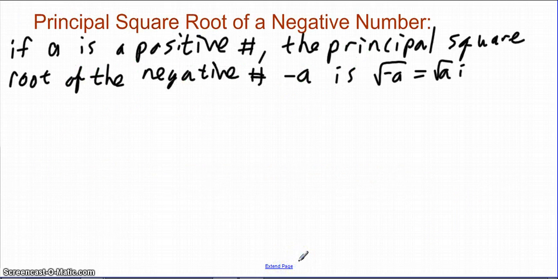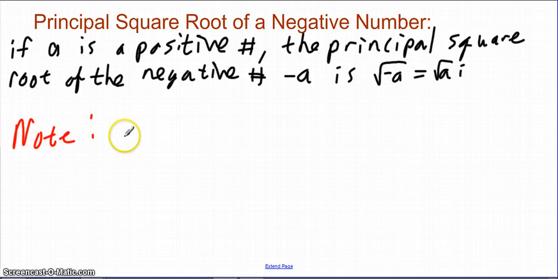And that's what we want to understand, that anytime we have the square root of a negative, we want to pull the i out first before we do anything else with that root. So this leads us to a side note of understanding that idea that we have to pull the i out first.